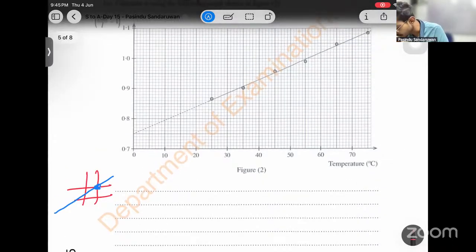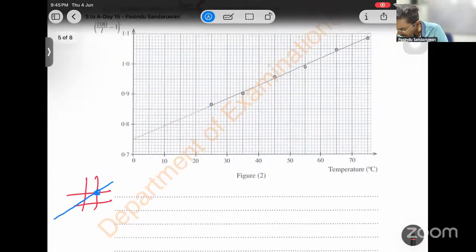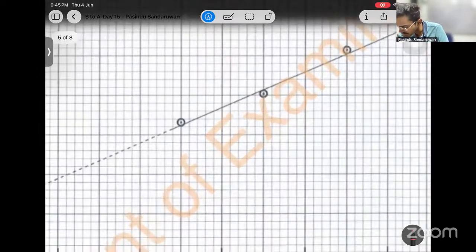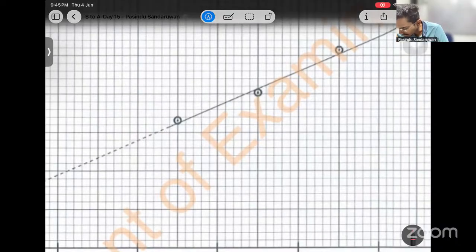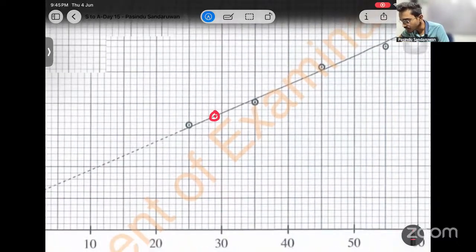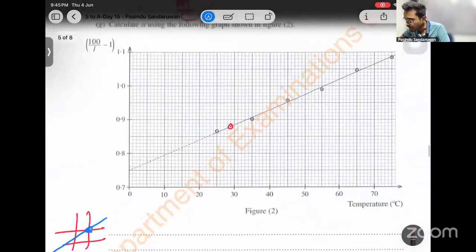Find two points. See, one point is here. I need to mark this point. One point is here, and it intersects exactly. And then, what about this? This one is also fine. Another point is here.